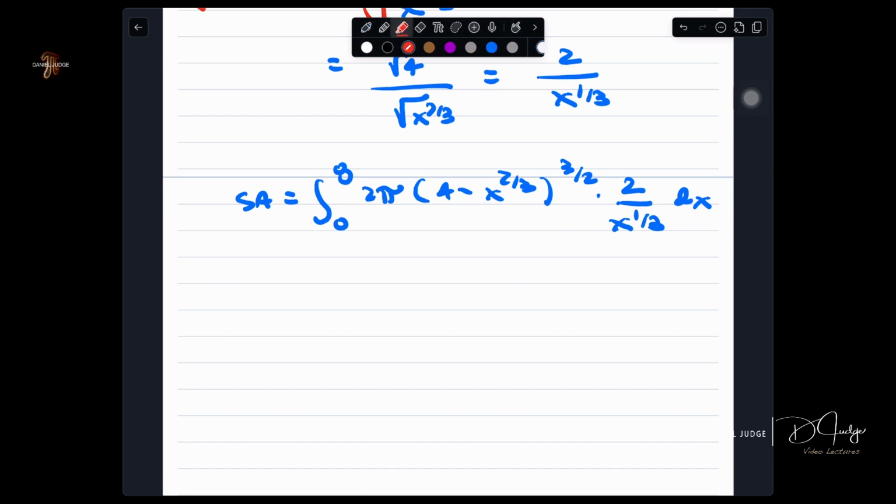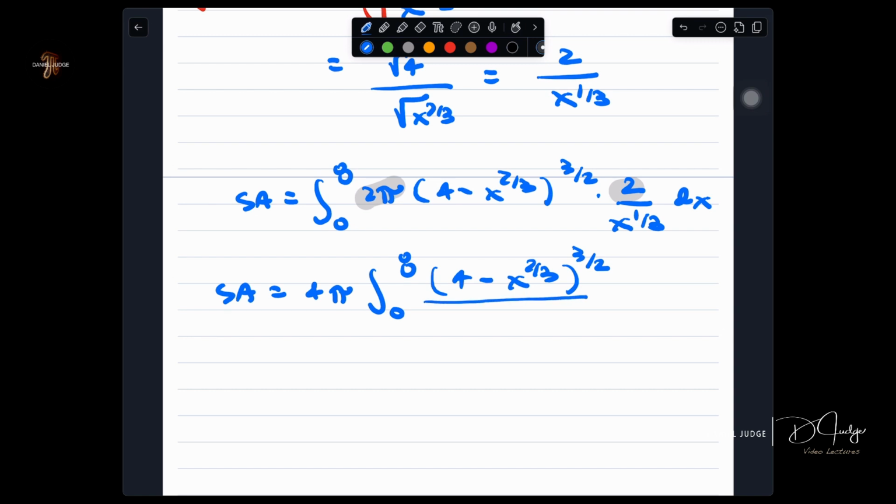Let's deal with some of these constants here and then see what we can do. So the surface area will become 4 pi, integral from 0 to 8, of 4 minus x to the 2/3 raised to the 3/2 power over x to the 1/3.